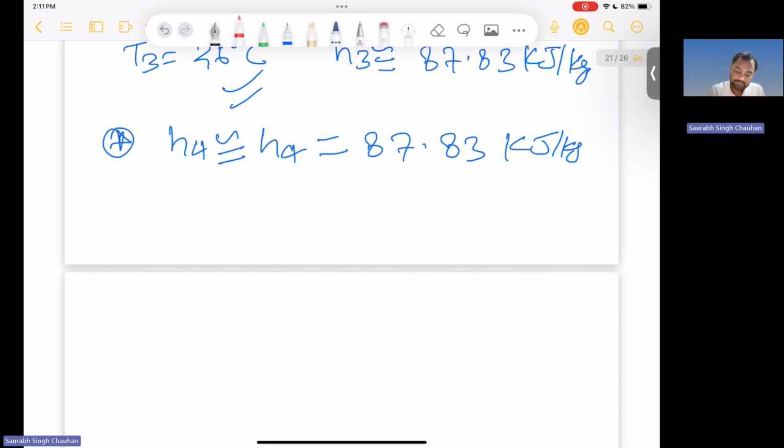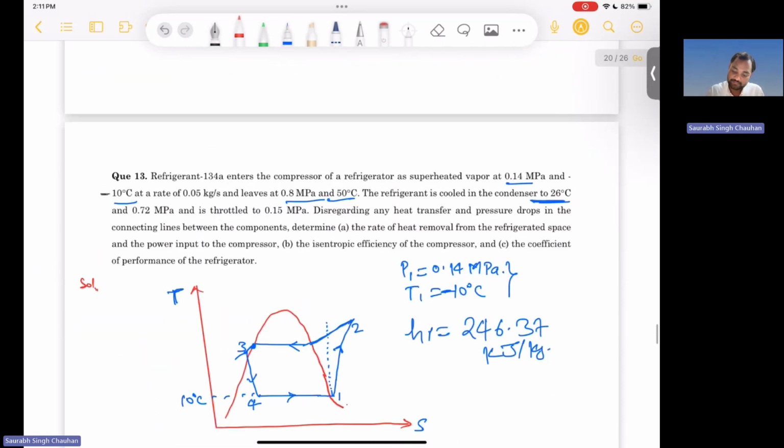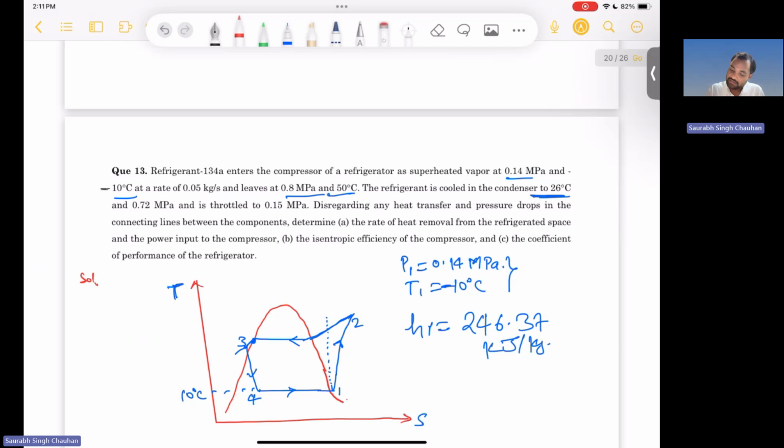So the first part, what is asked? The rate of heat removal and the power input.